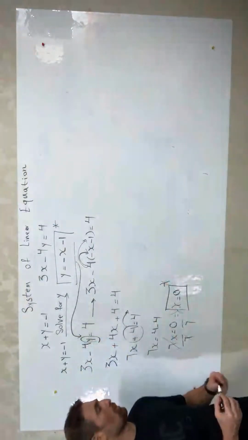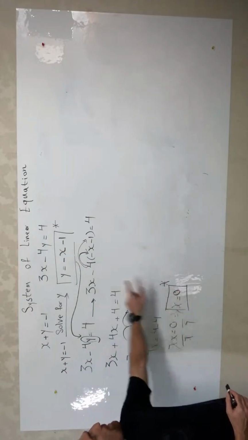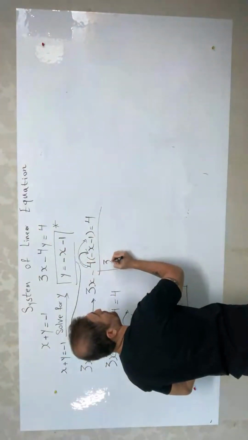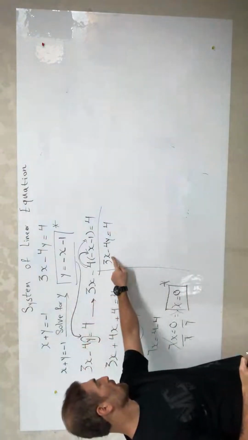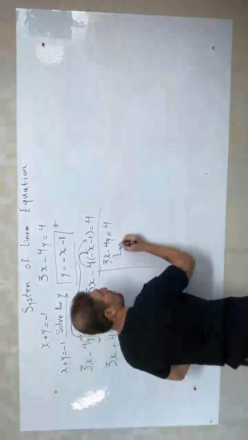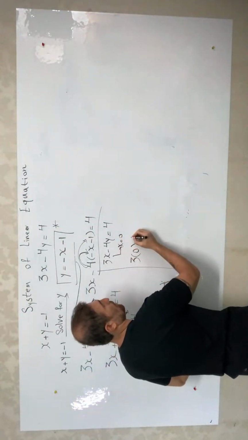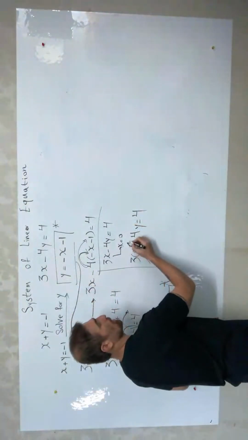To continue the solution, let's substitute the value of x into the next equation to find the value of y. The equation is 3x minus 4y equals 4. We already calculated the value of x. The value of x is 0. So 3 times x minus 4 times y equals 4. 3 times 0 is going to be 0.